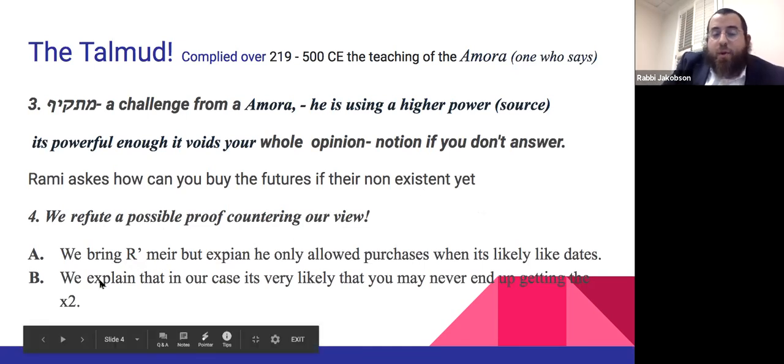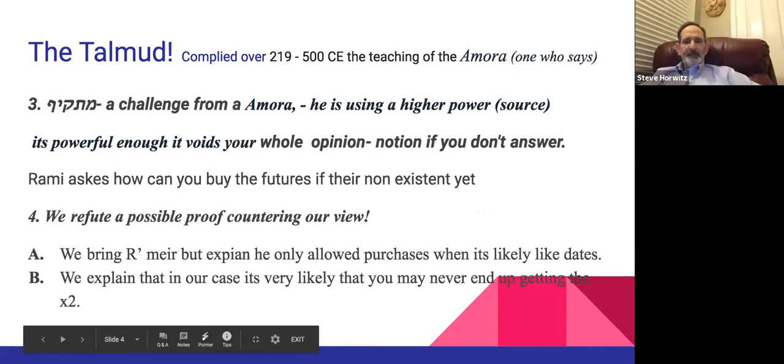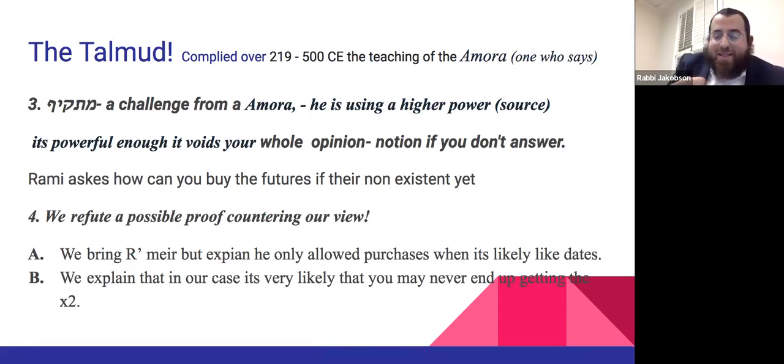So we bring a proof from a rabbi that you could buy something that's non-existent. We point out that would only be in a situation that it's likely to happen, for example, a date tree. However, we point out that in our situation, getting the double is so unlikely that it's totally non-existent in this world. So how are we even discussing this idea of purchasing futures that are so distant from reality, so distant from this actual world?